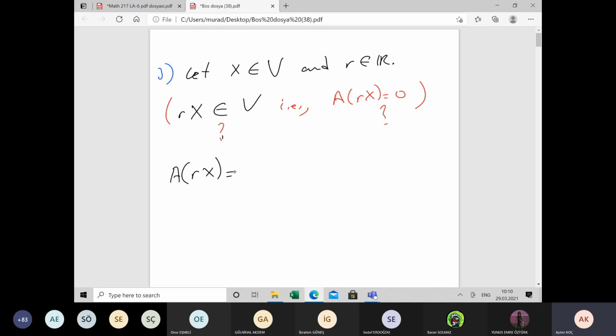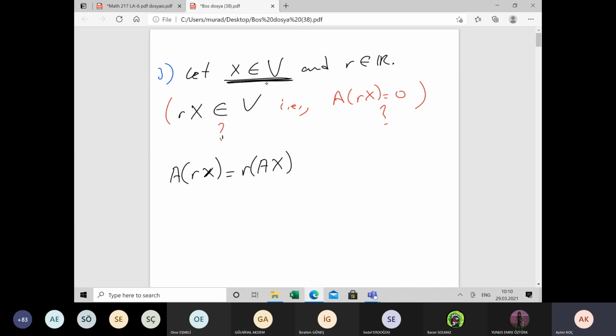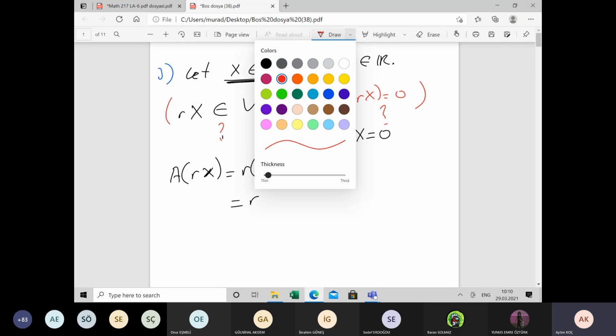A is a matrix, x is a matrix, r is a scalar. We know we can always write this as r times Ax. And also we know that x is in V, so A times x is 0, because x is a solution. So r times 0 is 0.